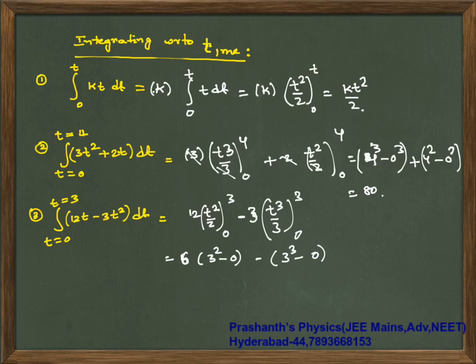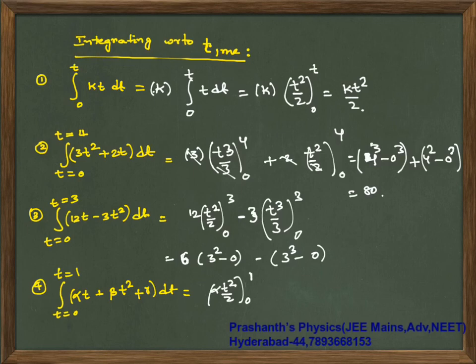Next, integral of, let us say you have alpha t plus beta t square plus gamma into dt from t equal to 0 to t equal to 1. Now in this case, your first term integral is alpha t square by 2, lower limit 0, upper limit 1. Whether alpha is inside also, it doesn't matter, if not you can write it out.